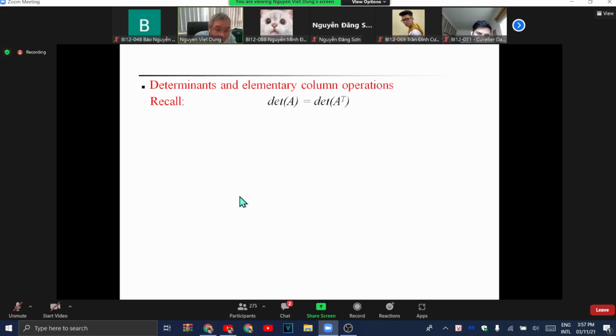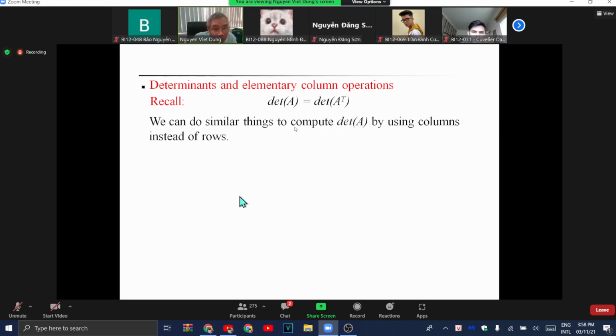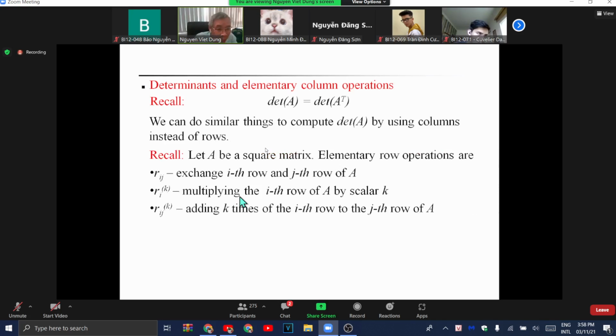But also, because the determinant of A equals the determinant of A transpose, it means that in computing the determinant of A, we can do similar things by using columns instead of rows. That means we can define the operation on columns as well as on rows. So how can we do it? We can do it as follows.